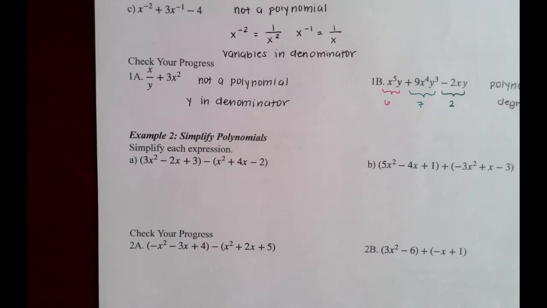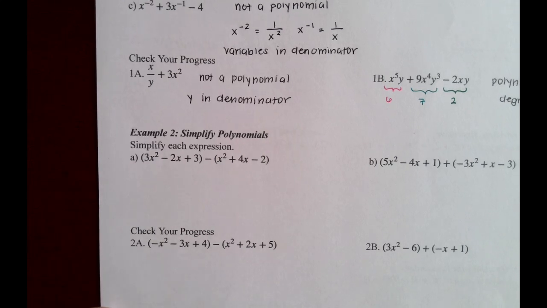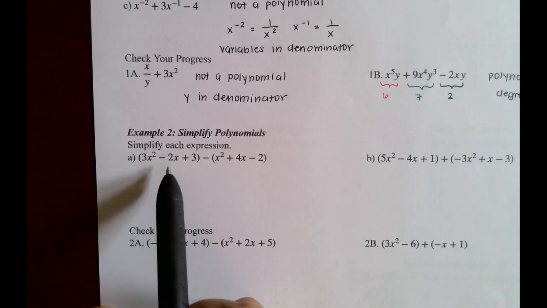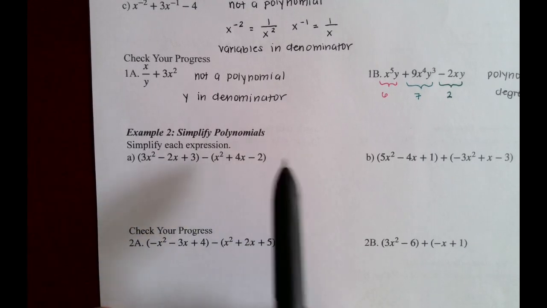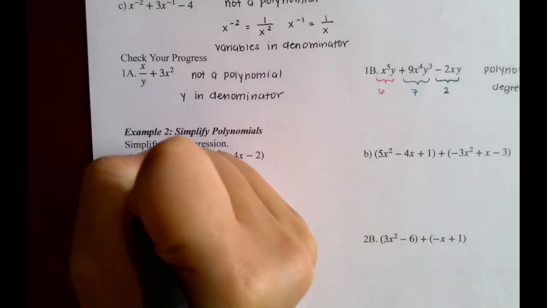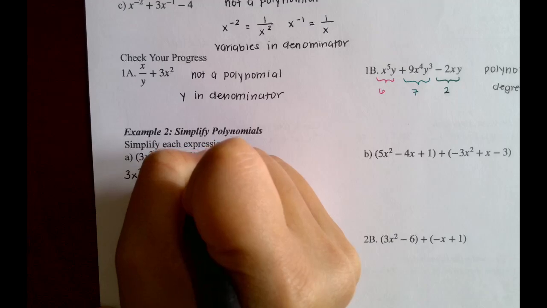Okay, so next we're going to work on simplifying polynomials, and really all it is combining like terms when we're adding or subtracting. Okay, so here I have the quantity of 3x squared minus 2x plus 3 minus the quantity of x squared plus 4x minus 2. So the first polynomial I'm going to rewrite as the same, so 3x squared minus 2x plus 3.